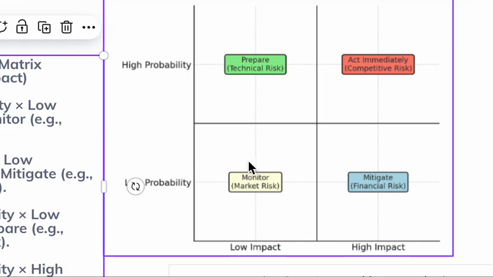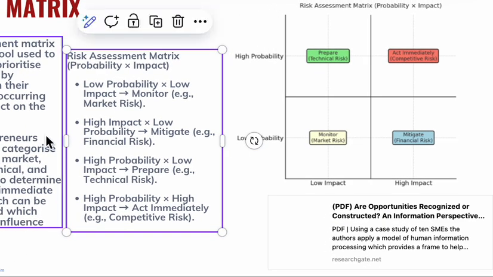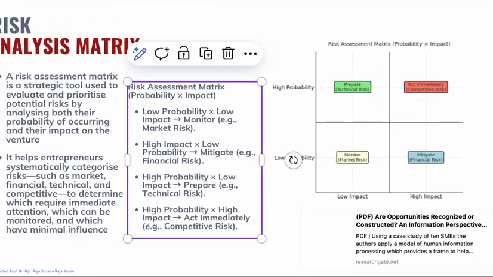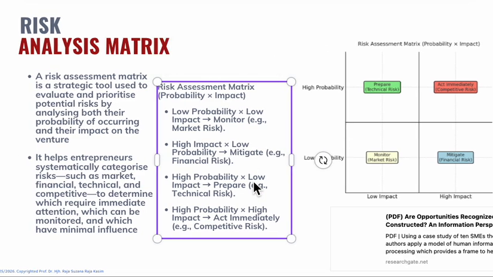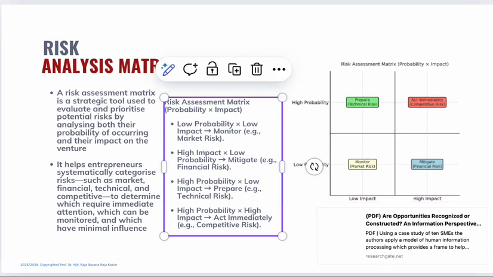Now, the real value of this tool is that it gives you a systematic way to recognize and also categorize priority risk. So whether it's market, financial, technical, or even competitor, instead of treating risks equally, you know exactly which to monitor, prepare for, mitigate, and act on immediately, right?